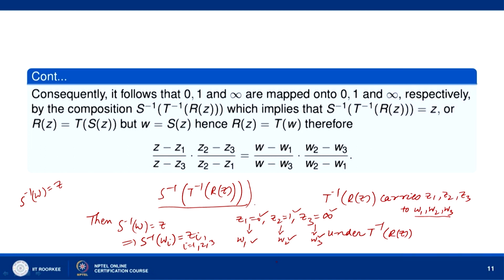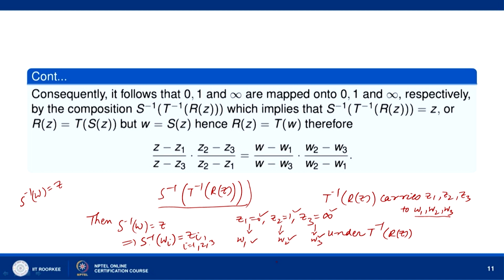Okay. So, let us take 3 points 0, 1, infinity in the Z plane. Then under T inverse R z, we have seen that T inverse R z maps the 3 points Z1, Z2, Z3 to W1, W2, W3. So, these 3 points 0, 1, infinity are supposed to go to W1, W2, W3.